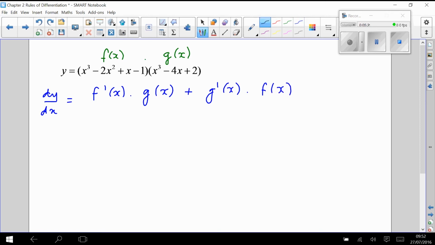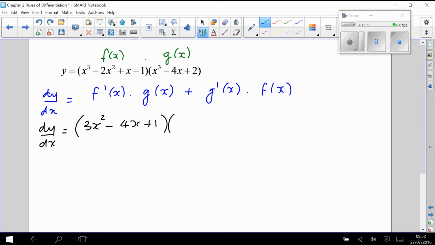So treating each bracket as a separate function, I find that the derivative of this function, the function of y, is going to be as follows. The derivative of f of x is going to give me the answer of 3x squared minus 4x plus 1.